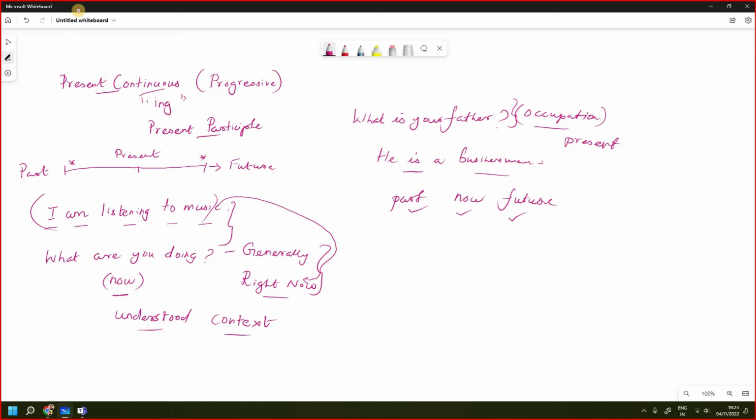This is an example for simple present tense. Now for continuous tense, I'll make it more interesting for you. If I say, I am studying engineering, again the person is asking a question about your status.